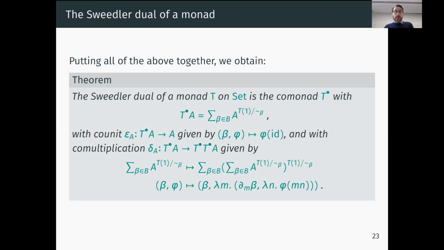And so we can stick all of this together, and hey presto, this is what I would describe as a pretty explicit formula. You might find it slightly too explicit, but the nice thing is that somehow you don't really expect to be able to write something down that's this kind of on the nose description of something like a Sweedler dual.